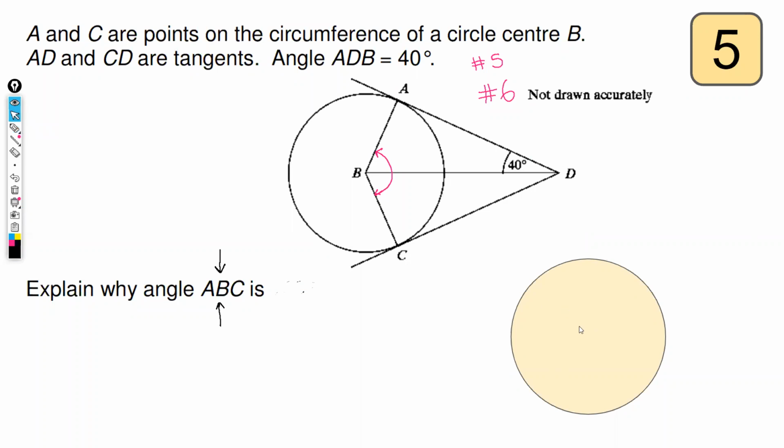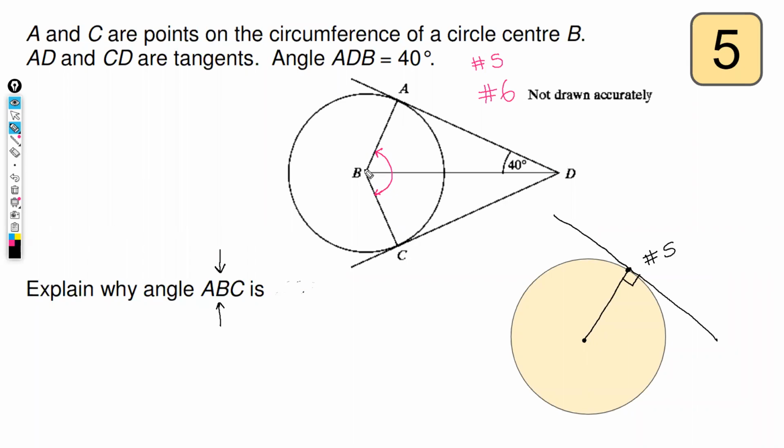Rule number 5 says that if you have a radius that starts at the center of the circle, and you have a tangent to where the radius is touching the circumference, the angle between the radius and the tangent is always 90 degrees. If you look back at rule 5, you will see that written.